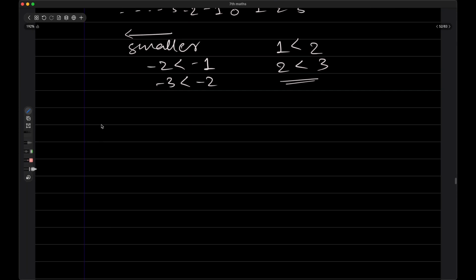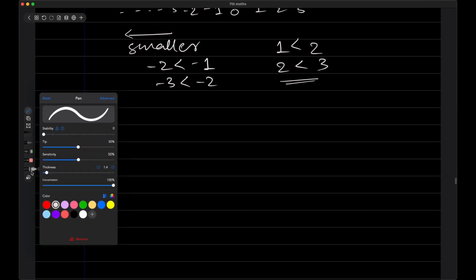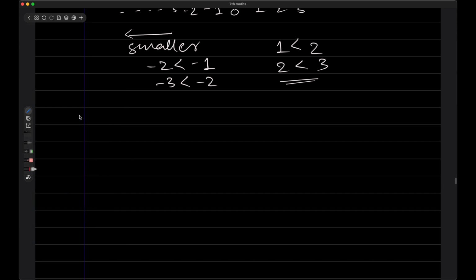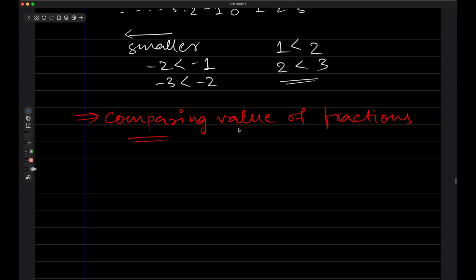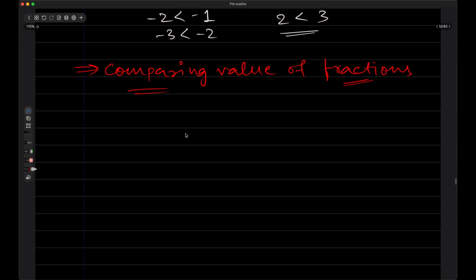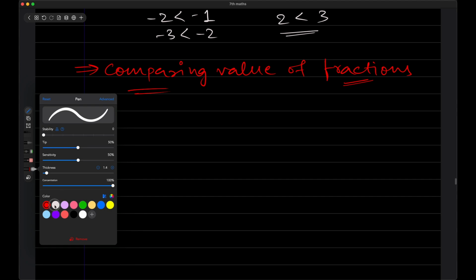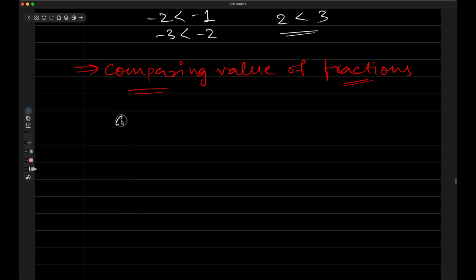Now for comparing fractions, let's say we have two fractions, that is a divided by b and c divided by d.